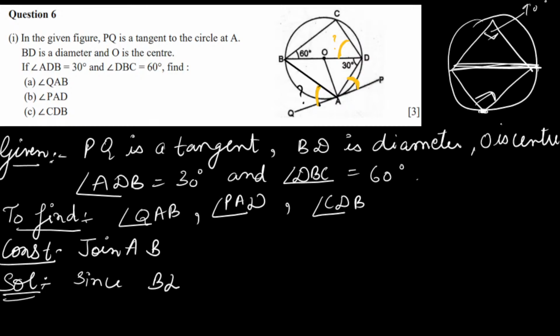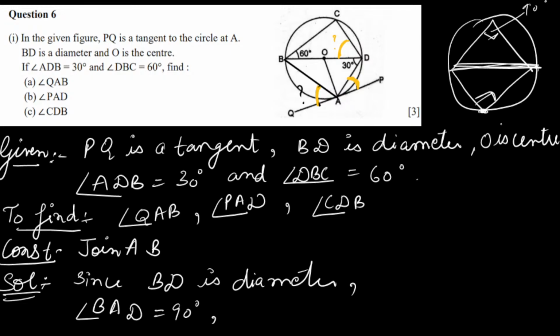Since BD is diameter, angle BAD, which is subtended by the diameter, is 90 degrees. And we have another angle, BCD, on the other side, also subtended by the diameter. So angle BCD is also equal to 90 degrees.